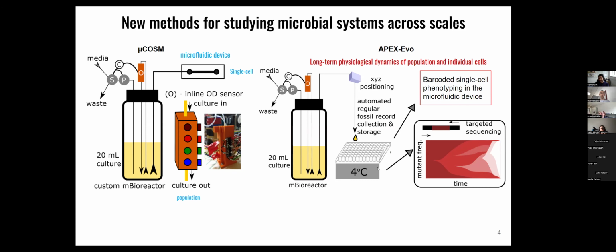That way we get a very detailed fossil record of these evolving systems, which we can analyze from a genetic sequencing perspective, or we can use a barcoding technique to place multiple mutants in the same microfluidic device and quantify their changes in physiological phenotypes. And so that is the integrated approach that we have developed in the lab.